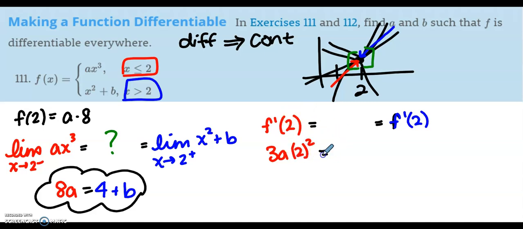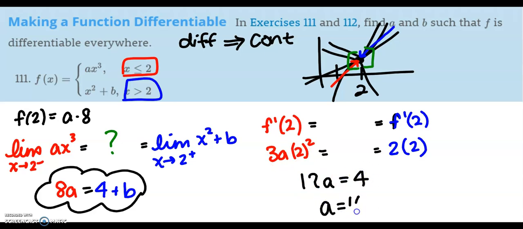And I would really like for that to be equal to, the derivative on this side is going to be 2x, so 2 times 2. Well, on this side then I get 12a needs to be equal to 4, which means a should be equal to 1/3 in order for this mystery to be solved.